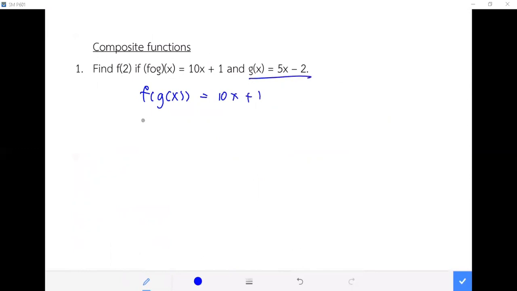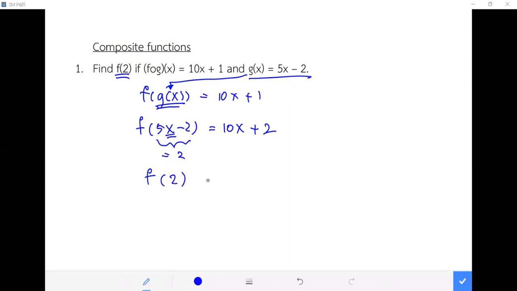So you write f of 5x minus 2, substituting g(x) there. And what do you want, right? You want to have f(2). So you have to find a good value of x that makes this one equal to 2, and you will have f of 2.